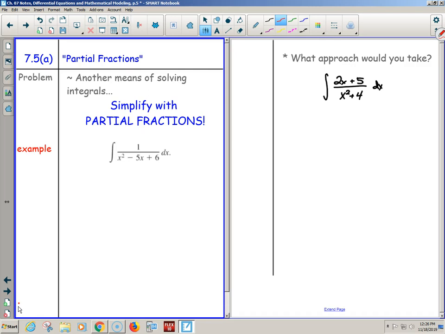So partial fractions. Another tool that you learned in pre-cal, and technically I could have shown you last year, and maybe I did once or twice, but another way to solve integrals. Why would you use partial fractions on this? Isn't this an arctangent? Why didn't I say use u-substitution?